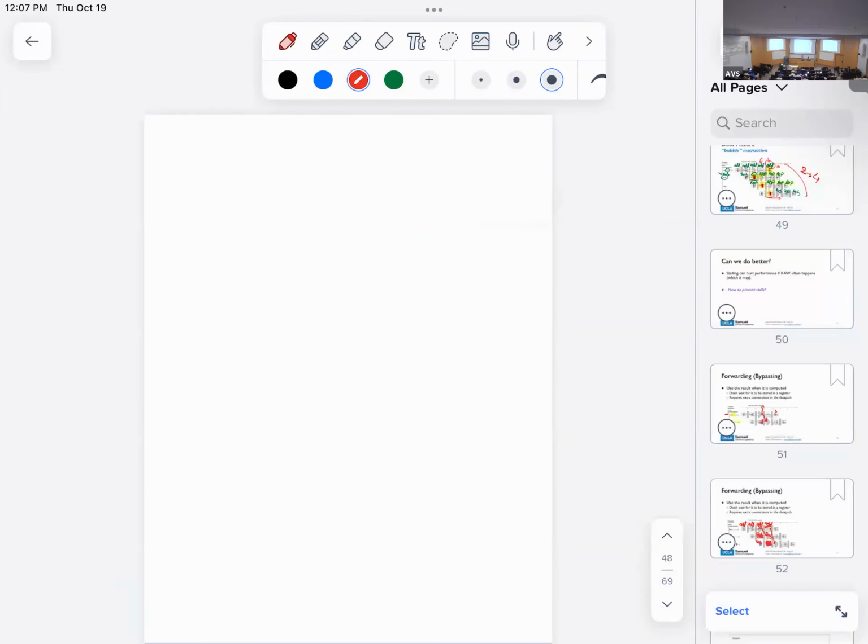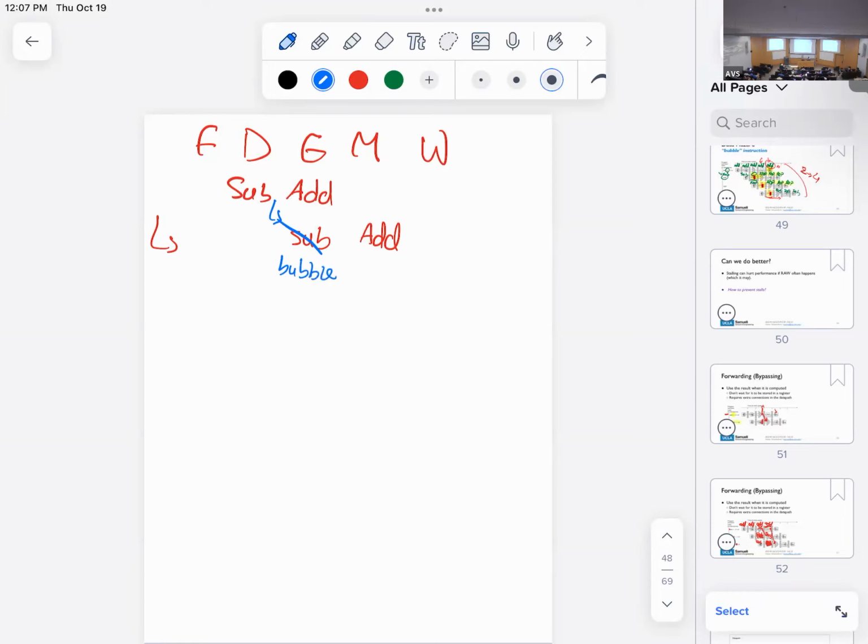So this is fetch, decode, execute, memory, and write back. If in this cycle, I have sub here and I have add here, and I go to the next cycle, then I usually do sub and add, right? But since the sub cannot really go forward, what we do instead is insert the bubble at this point. So we will have the bubble, add, and something else.